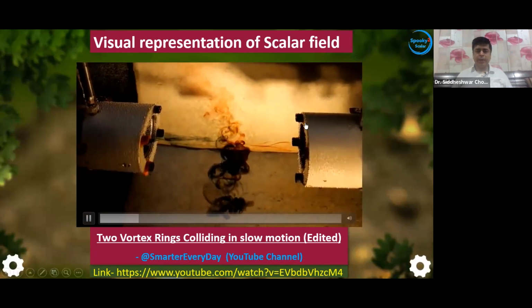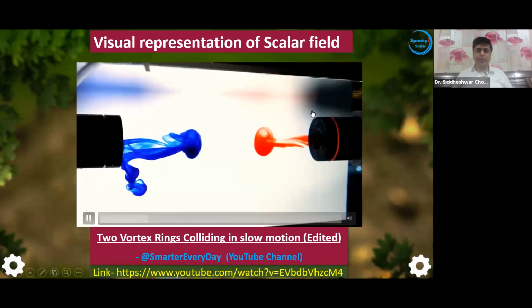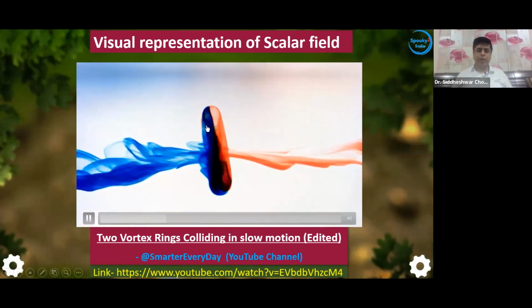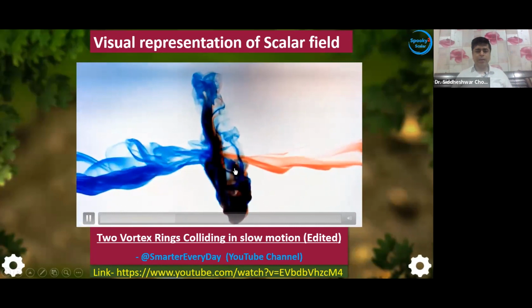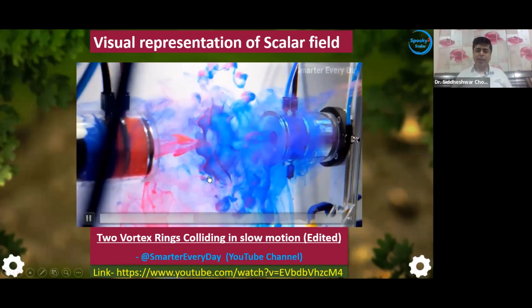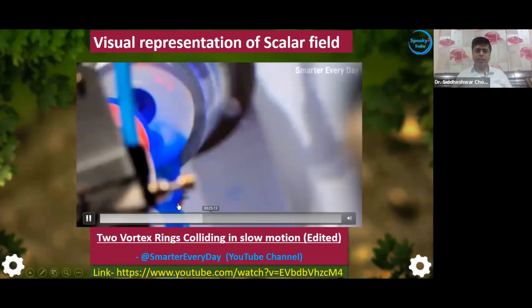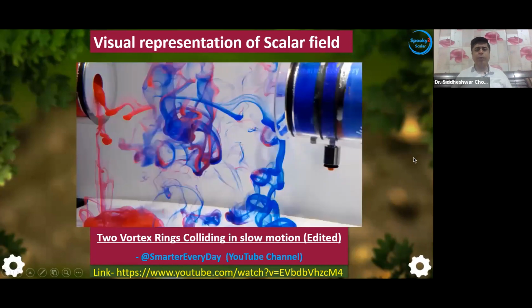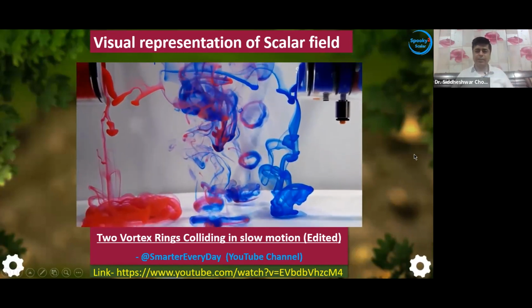So here you can call one as the transmitter and one as the receiver, and how the signal cancels out each other, resulting in this scalar field in all the directions. This is the way to understand beautifully what a scalar field is.